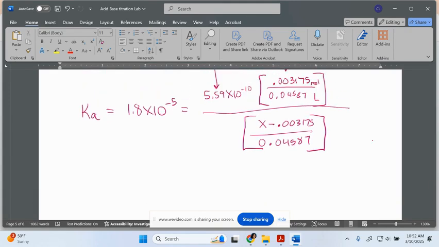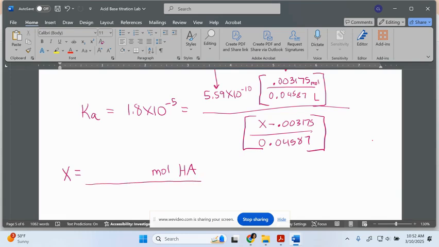You will go through and you will solve for X. You can either use a fancy equation solver on your calculator, or you can do the math your way, however you want to use your algebra. But that X then is going to equal the moles of HA.